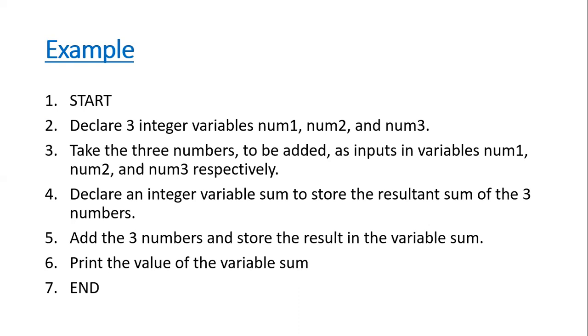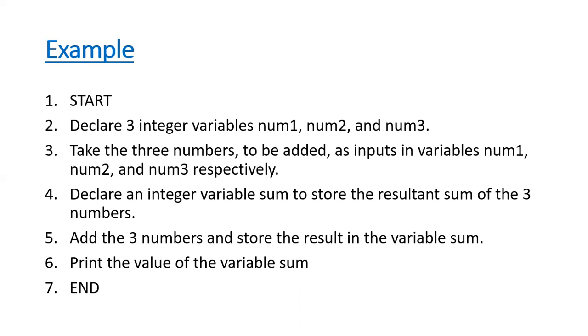Here I'll give an example with the sum of three numbers. The first step is start and the second step is to declare three variables. I have declared num1, num2 and num3, and we have to add those three numbers.